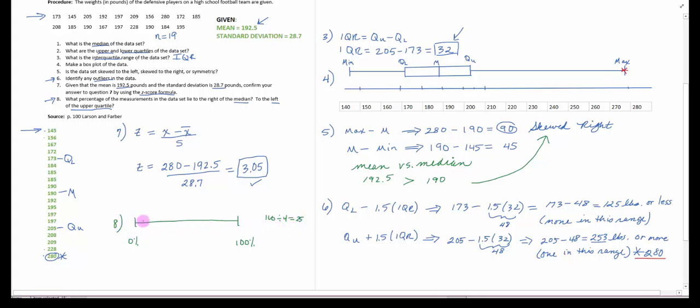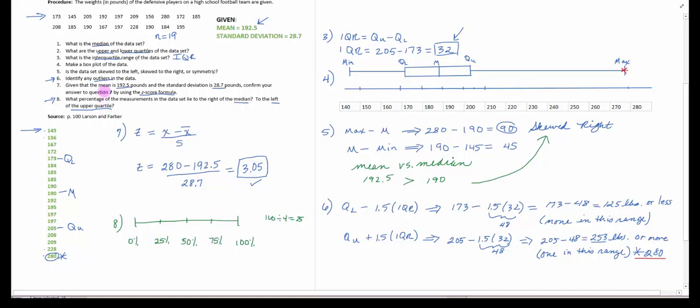So that means we're going to divide these percentages from 0 to 100 into 4 equal parts, and each part is worth 25%. Halfway would be 50%. Halfway between 0 and 50 would be 25%. And halfway between 50 and 100 would be 75%.